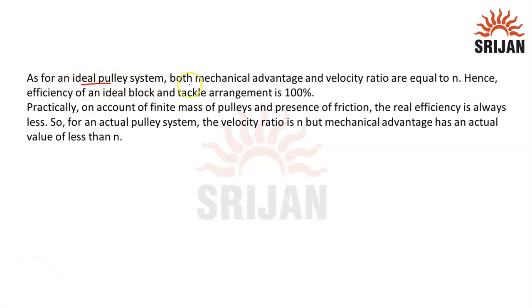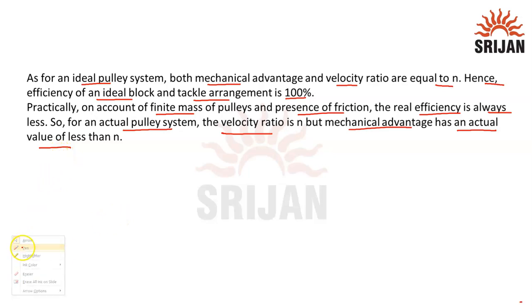For an ideal pulley system, both the mechanical advantage and velocity ratio are equal to n. Hence, the efficiency of an ideal block and tackle arrangement is 100%. Practically, on account of the finite masses of pulleys and the presence of friction, the real efficiency is always less. So for an actual pulley system, the velocity ratio is n, but the mechanical advantage has an actual value of less than n. Let's move on to the next slide.